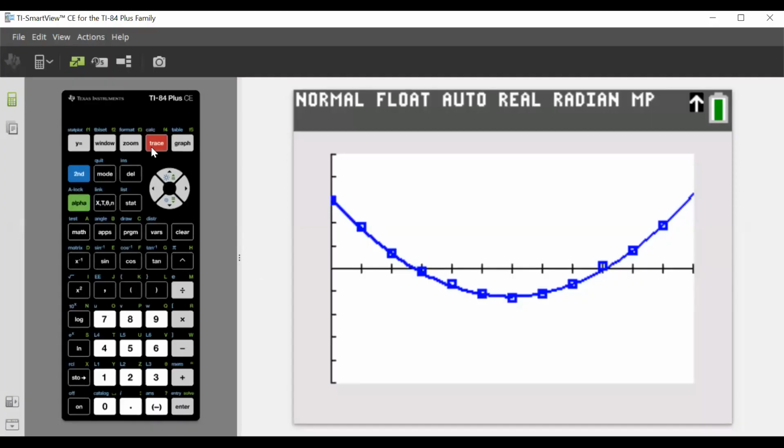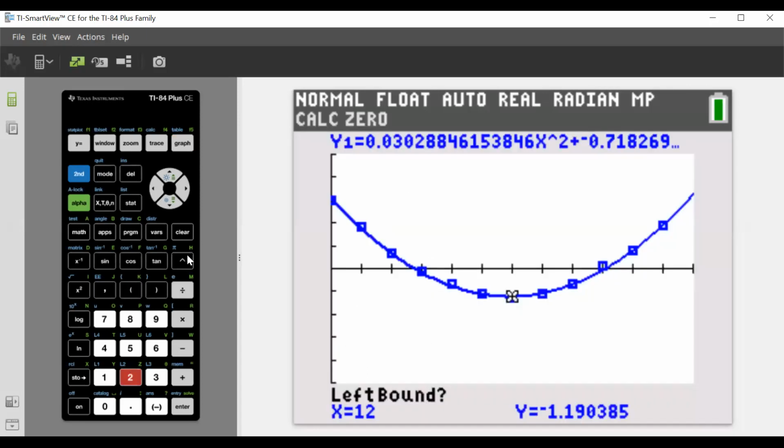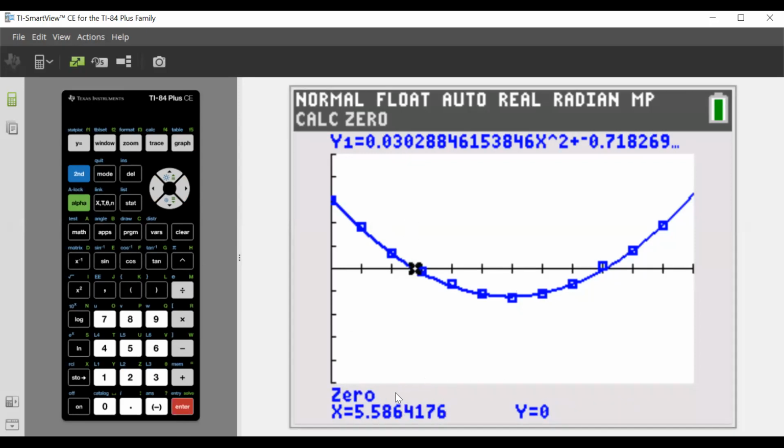So second trace number 2. Let's go ahead and go here first. So that's a positive. Let's go right. There's a negative. So our first 0 is going to be 5.586. Okay, we'll write that one down.